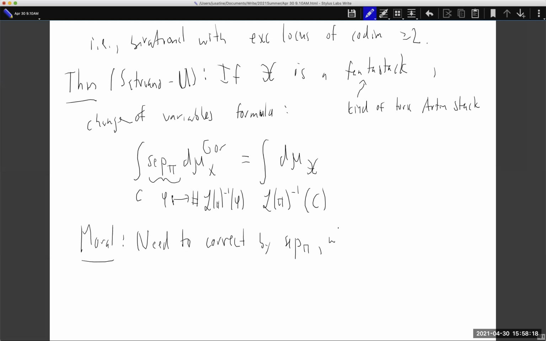And this function sep sub pi, which is measuring the failure of arcs to lift uniquely, you should think of as some measure of the non-separatedness of the stack. I like to think of this as measuring the degree to which this good moduli space map is non-separated.